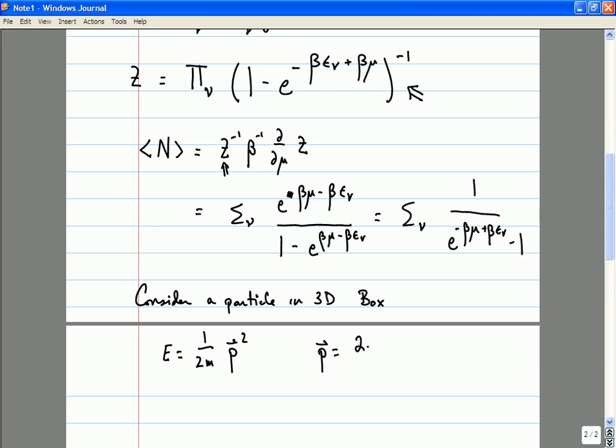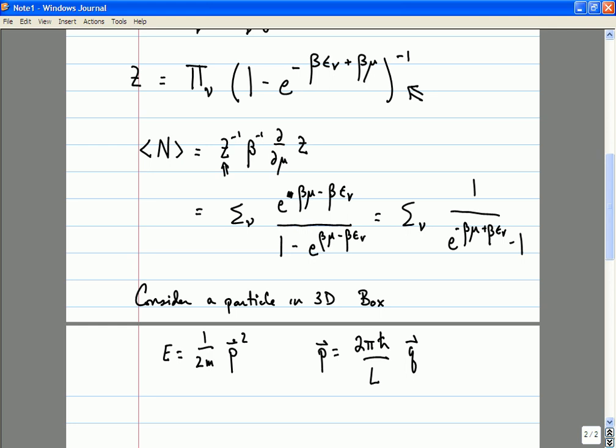So if the box is a square box or a cubic box whose sides are of length L, then the momentum will be quantized. It'll just be a bunch of integers times some factor of 1 over L. Well, that has to be there by dimensional analysis.